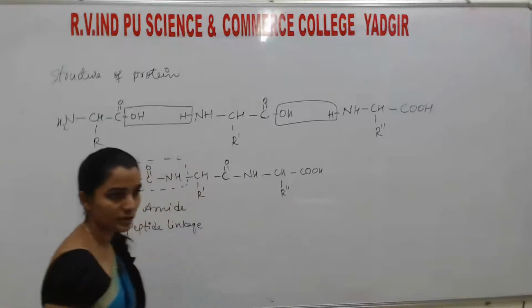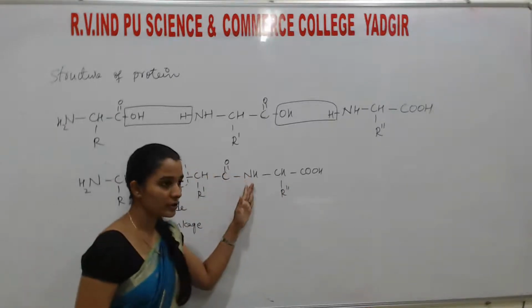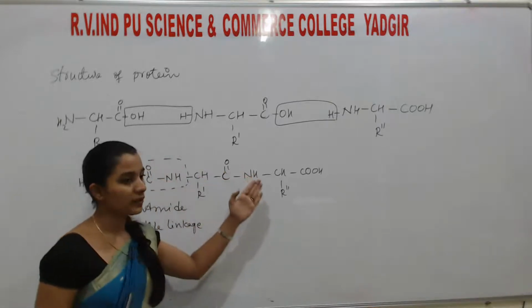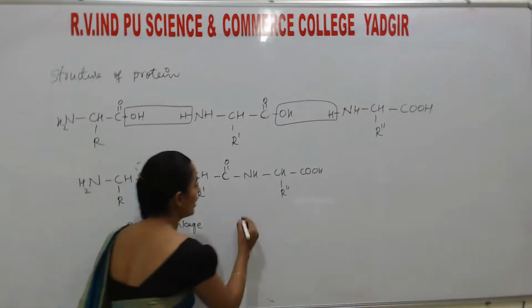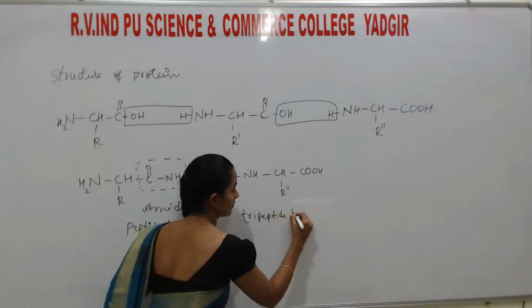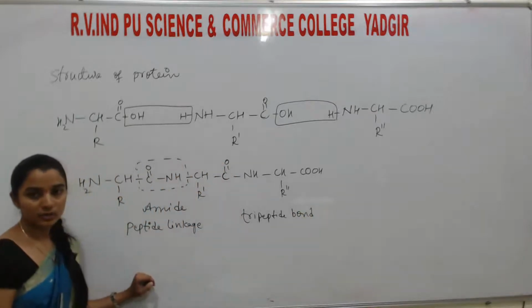This one is R dash. So here one peptide bond is there, here also one peptide bond is there. How many amino acids are involved here? 3. Then it is a tripeptide linkage. Understand?